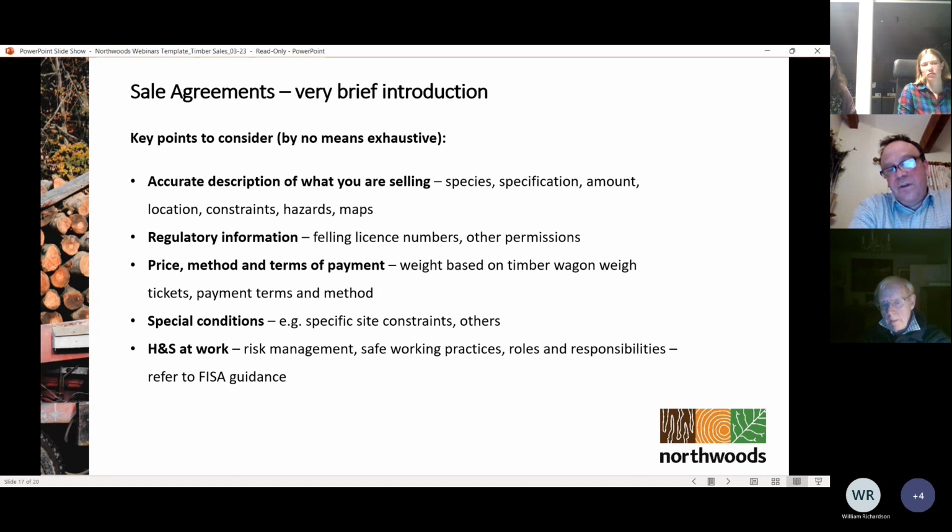The FISA guides are absolutely excellent in describing what each person in the chain has to do. So primarily it's the landowner's representative, the forest works manager and the site safety coordinator. And that it quite clearly details whose roles and responsibilities are and at which point you hand that over.